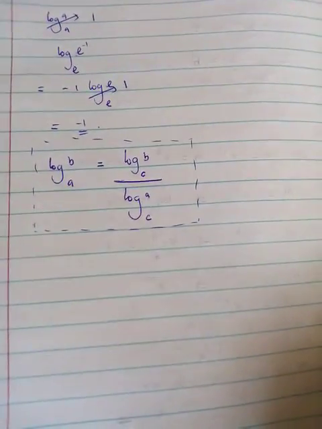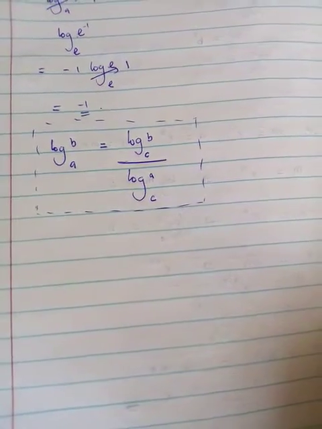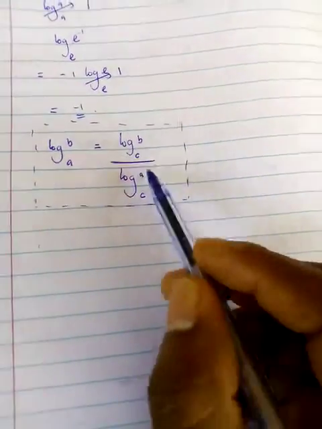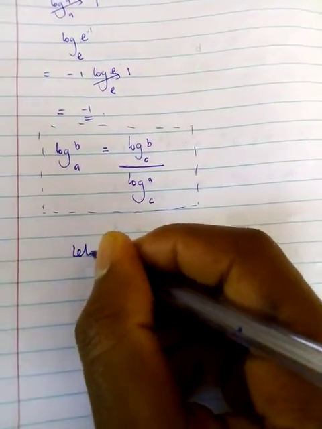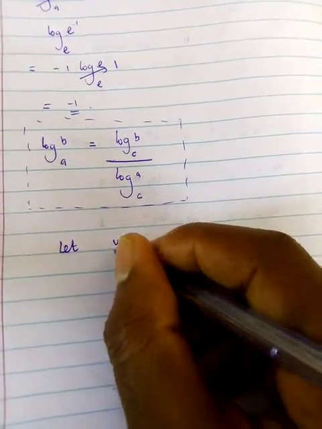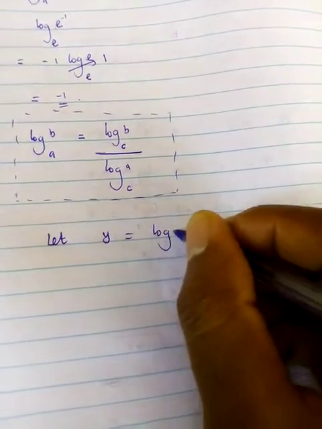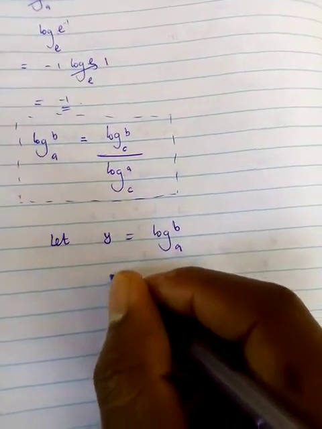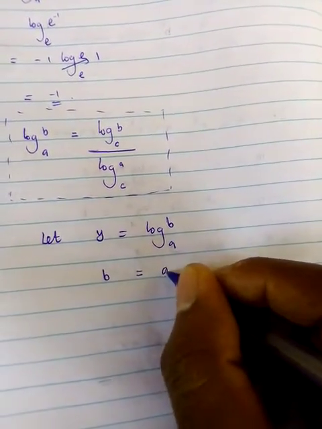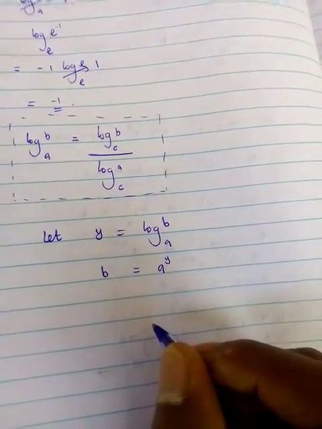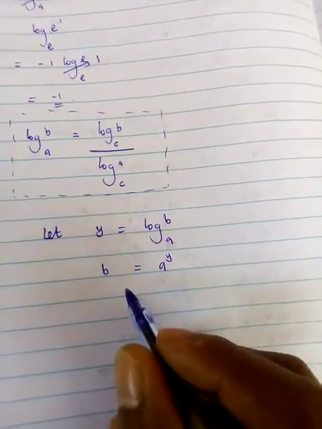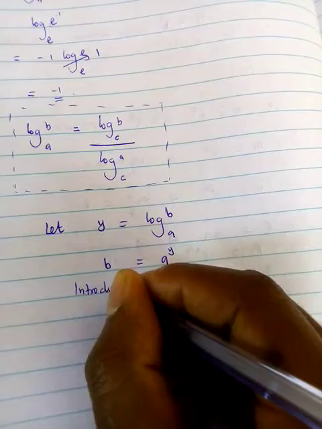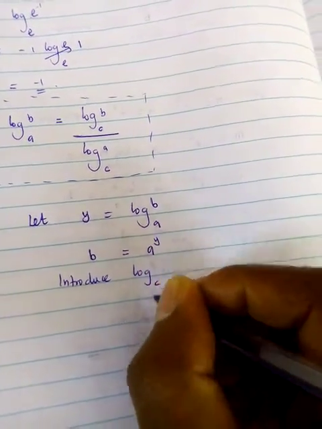Maybe we can make a simple proof of it. How do we come to such a setting? If we let y be equal to log of b to base a, if we convert to index notation, I have b is equal to a raised to power y. So what we do here is we introduce log to base c on both sides.